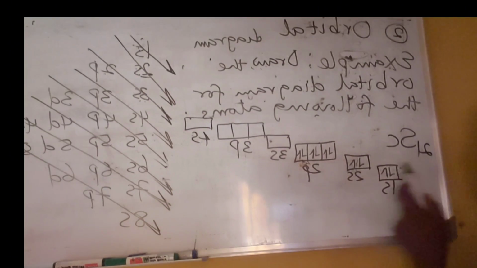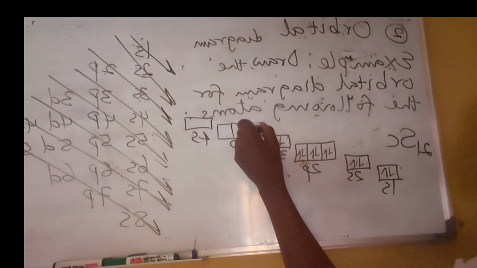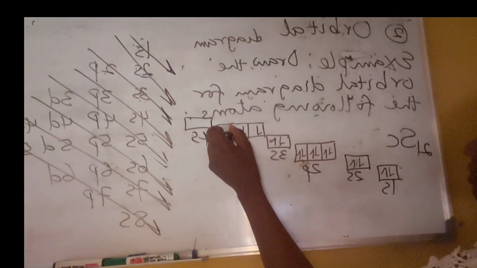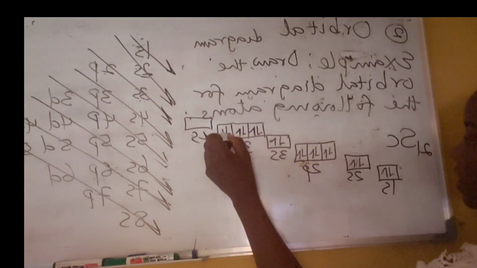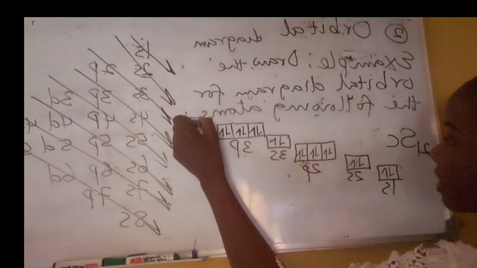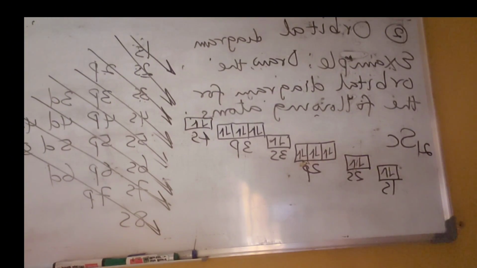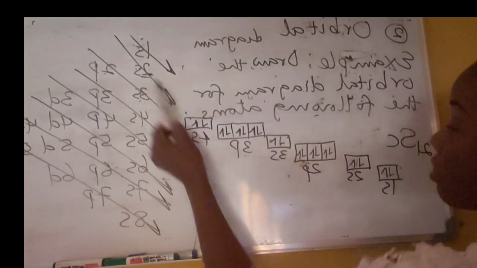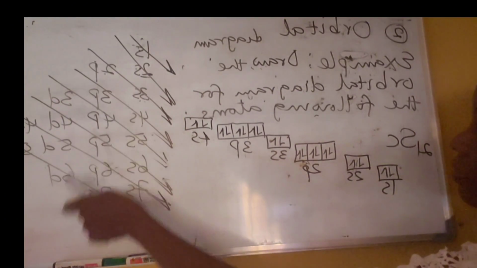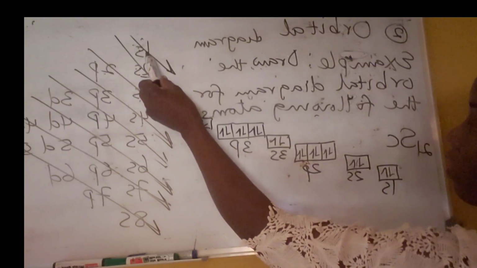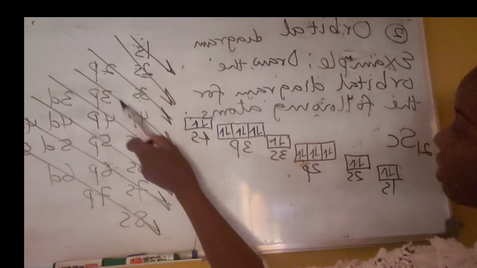So remember 11, 12, 13, 14, 15, 16, 17, 18, 19, 20. So we are left with 1 electron more. Let's make reference to this orbital here. Remember, I've filled for 1s, 2s, 2p, 3s, 3p, 4s.